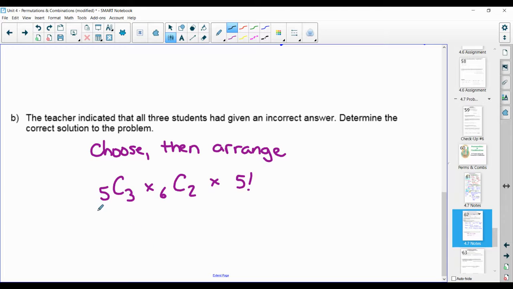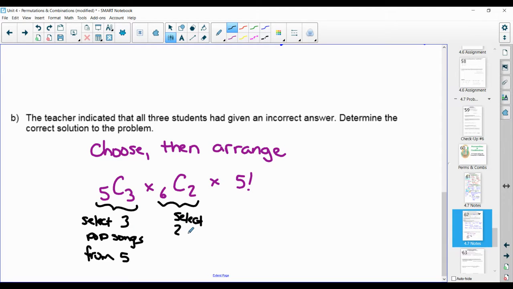So if I write out what that means, we are selecting 3 pop songs from 5. We are selecting 2 classical songs from 6. And then we are arranging our playlist.